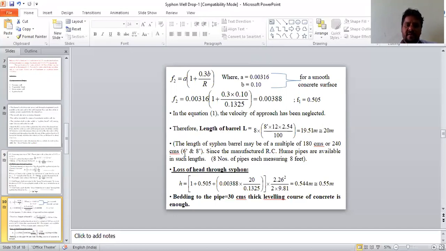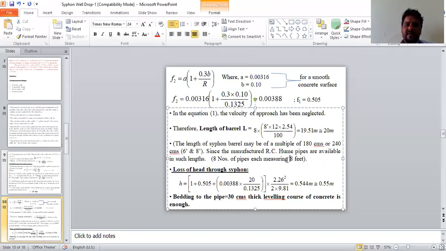But in the market pipes are available only in 6 feet or 8 feet lengths. So how many pipes are connected so that it can meet 20 meter? Eight pipes, each measuring 8 feet, can cover 20 meter. Let it be in centimeter, you can assume, no problem.